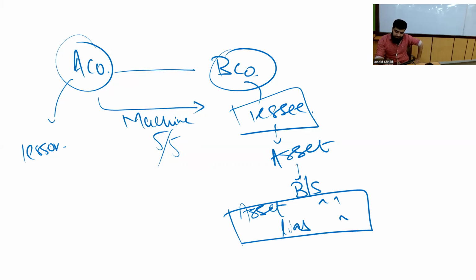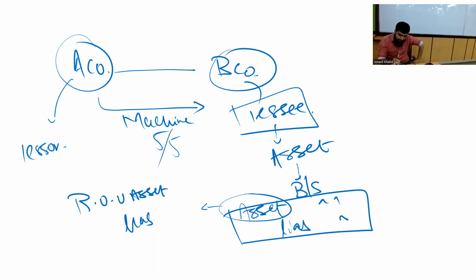But here IFRS 16 states that we will not record the term asset; we will record right of use asset debit and lease liability credit. We will not record accounts payable.